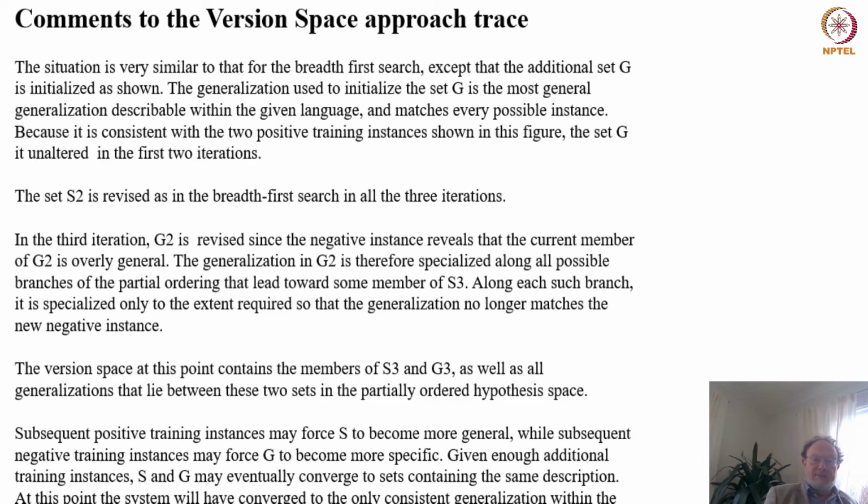Subsequent positive training instances may force S to become more general, while subsequent negative training instances may force G to become more specific. Given enough additional training instances, S and G may eventually converge to sets containing the same description. At this point, the system will have converged to the only consistent generalization within the given generalization language.